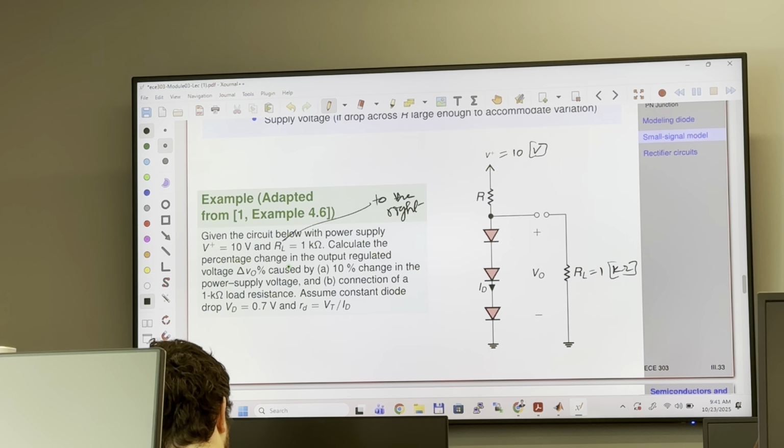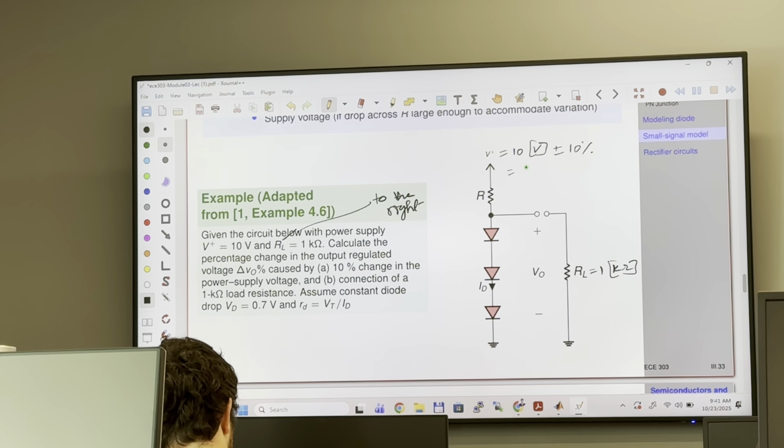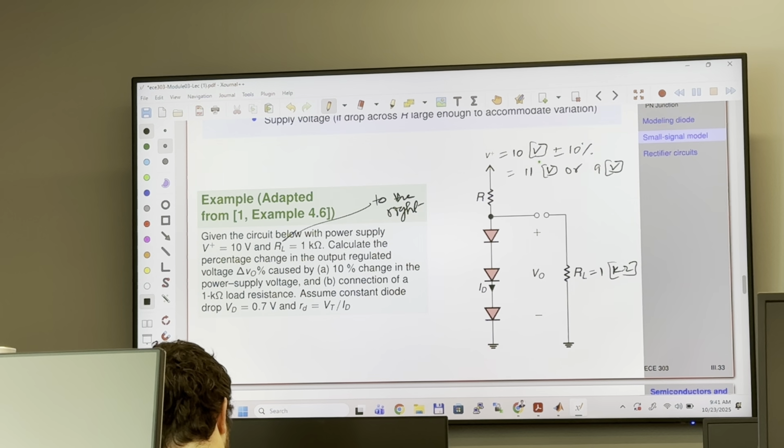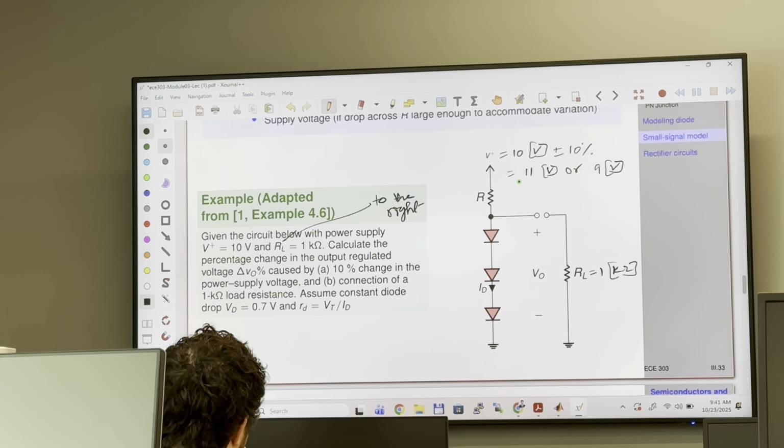Calculate the percentage change in the output regulated voltage, delta VO percentage, caused by a 10% change in the power supply voltage. So the power supply voltage is going to be changed by plus minus 10%, which means that it could be 11 volt or 9 volt. So this 10% is basically 1 volt change.